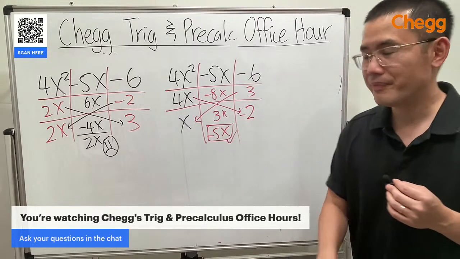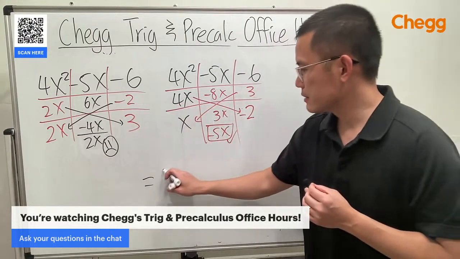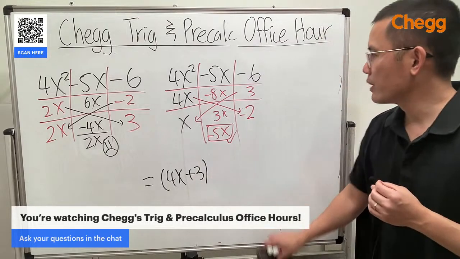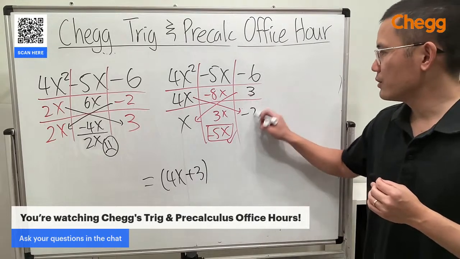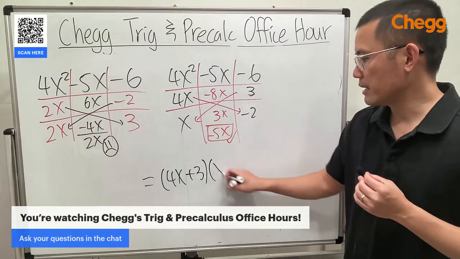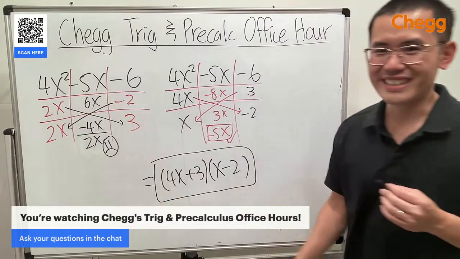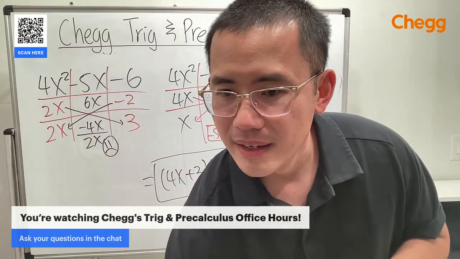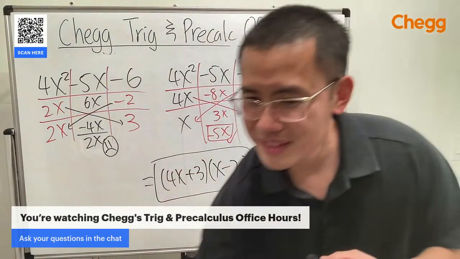So this means this factors to 4x plus 3, and the other one is x minus 2. Done. Just like that. So go ahead and try this.